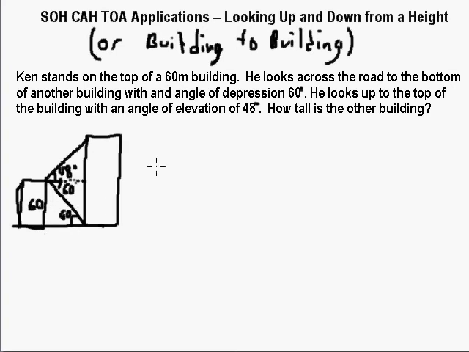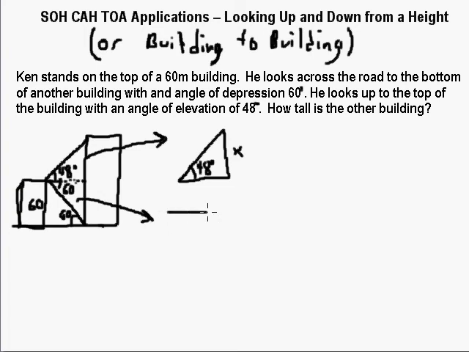So what we have to do is solve, well, there's two triangles in here. Here's our top triangle. And all I know is that this is 48, and I know that I want to eventually solve for this, but I don't know this distance. What I have to do is use this triangle to solve for that distance.